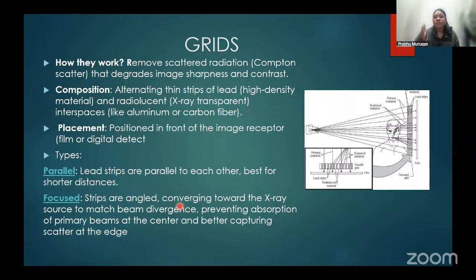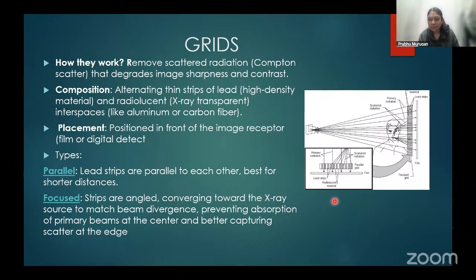Basically, it is made up of alternating thin strips of lead, a high density material, and a radiolucent interspace, which is mostly aluminum or carbon fiber. A high density material, a radiolucent material, alternating strips.